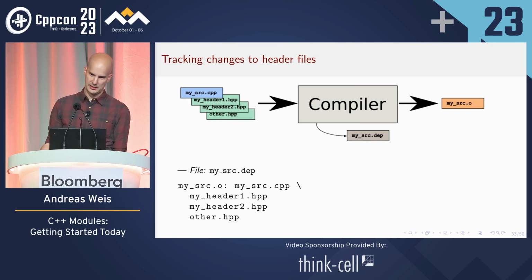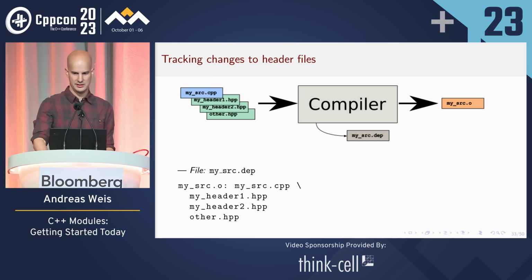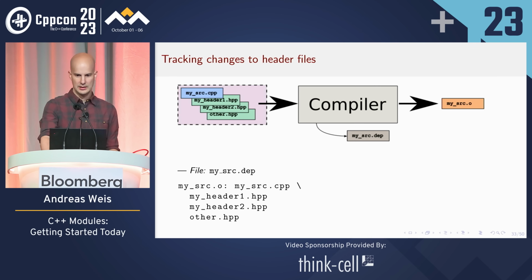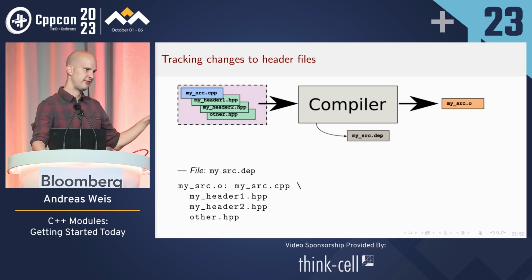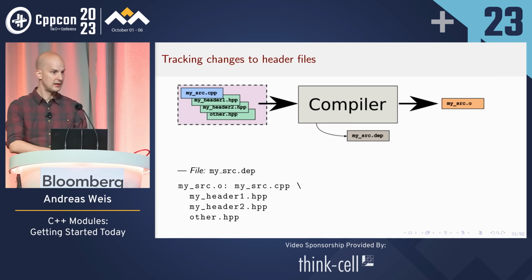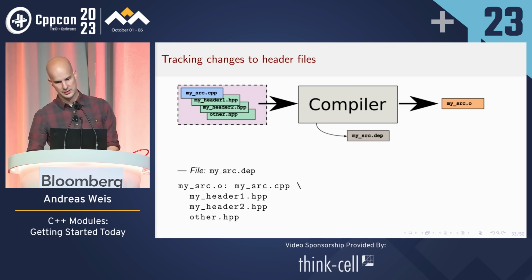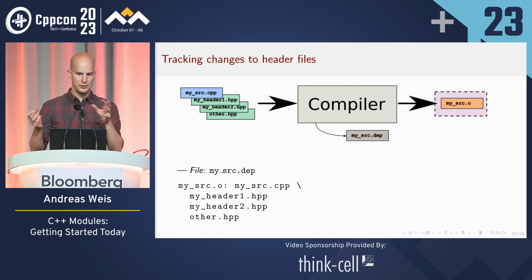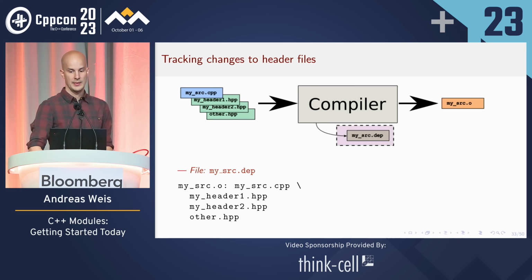If you think of the compiler as a processing step in a pipeline, it takes a bunch of source files and header files as inputs, right? The source file is the one that I give explicitly on the command line, and then it implicitly pulls in all of the header files that it includes. Then it produces as an output an object file. That is the file that will then be used by the linker in the subsequent build stages.